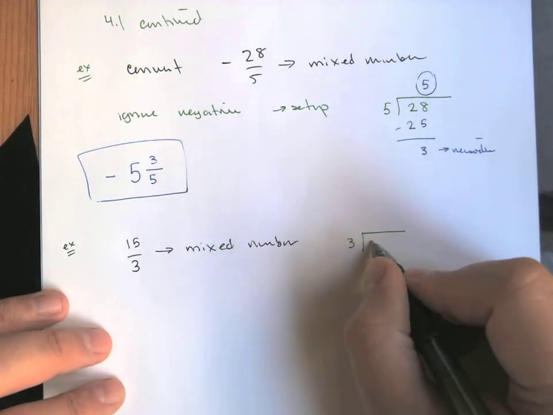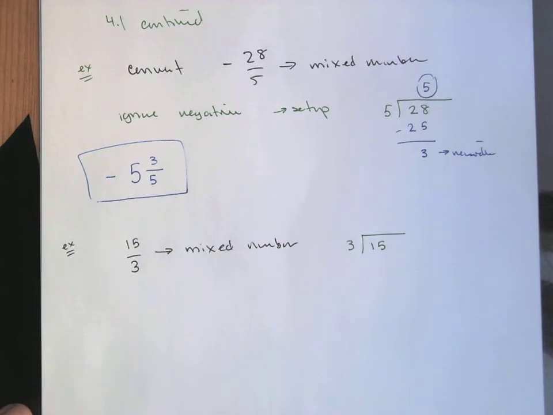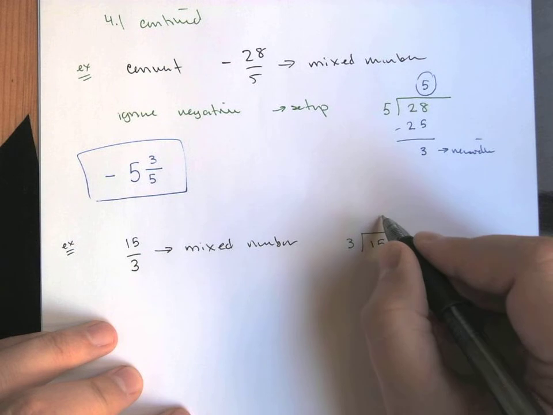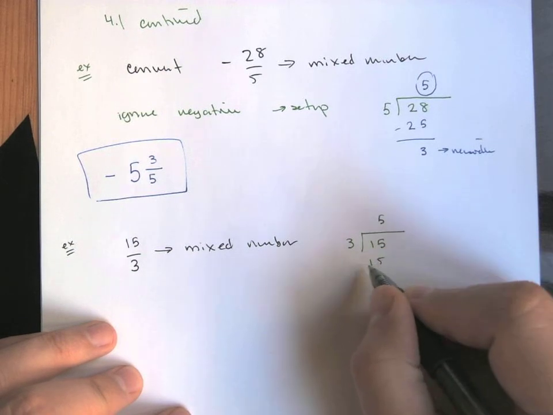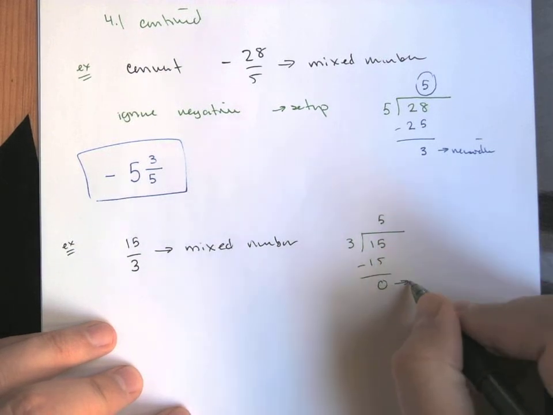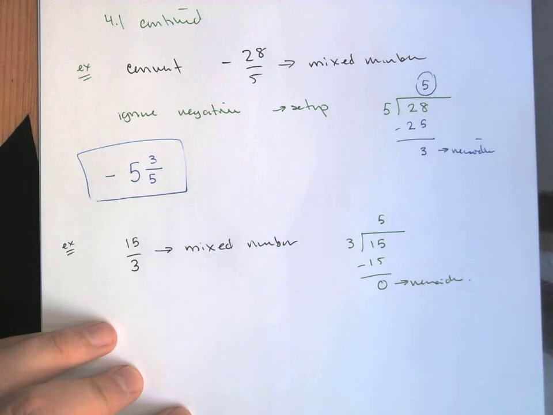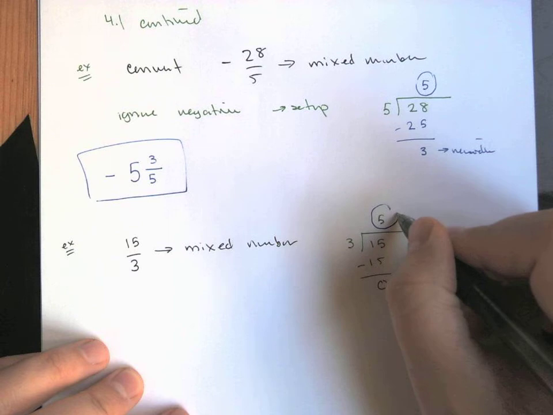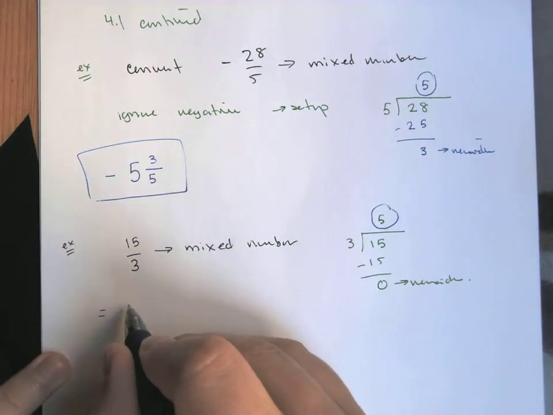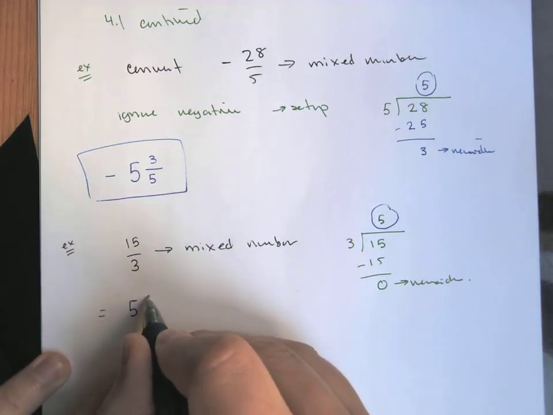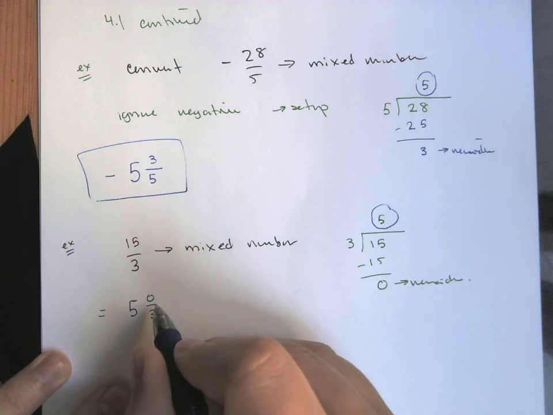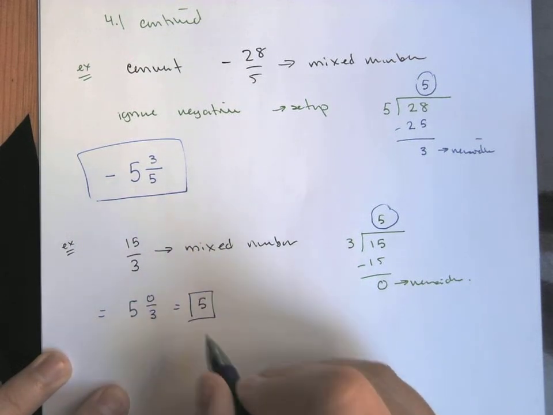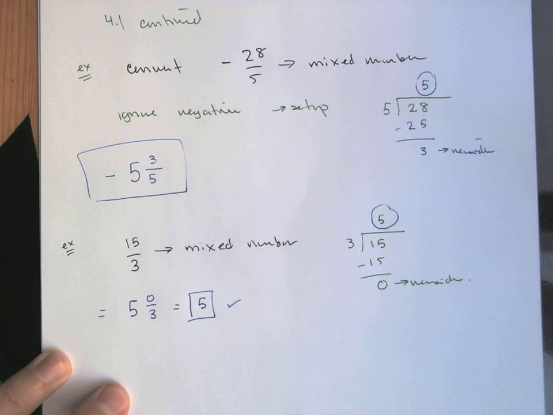So this is 15 divided by 3. 3 doesn't go into 1, but it goes into 15 5 times, and 3 times 5 hits right on the nose. So our remainder here is 0. What that means for my result is I just get the whole number 5. In theory it's 0 over 3, but 0 over 3 is just 0, so we'll just call that 5, and call it a day.